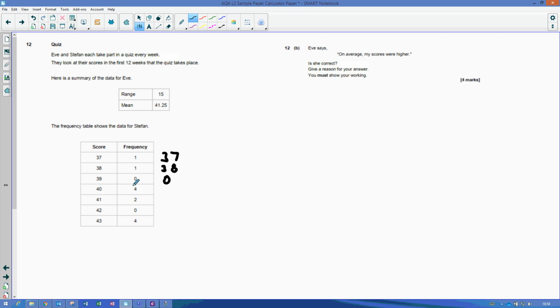He scored 44 times. So if I do 40 multiplied by 4, I get an answer of 160. 41 multiplied by 2 gives me an answer of 82. 42 multiplied by 0 is 0.